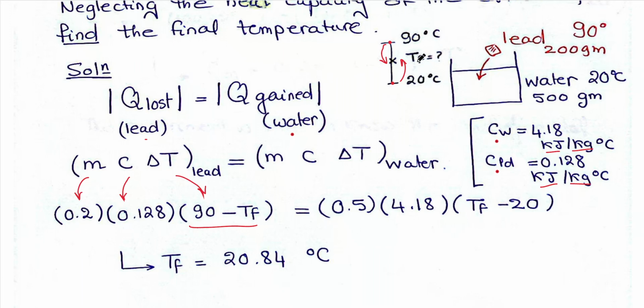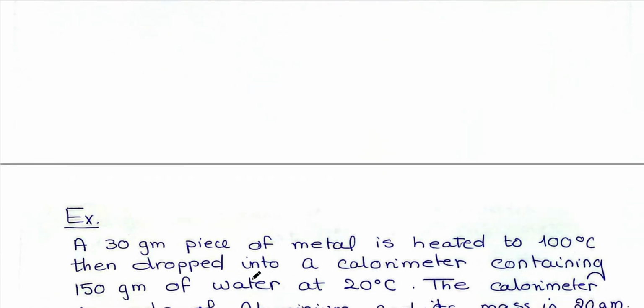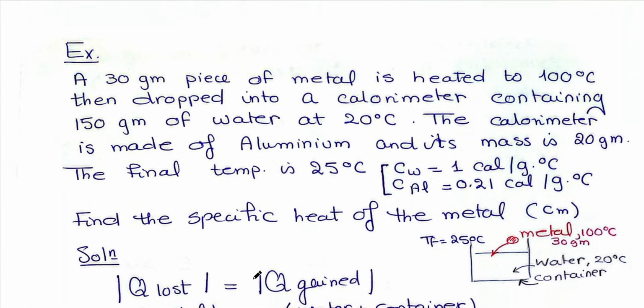So the big number is TF and the smaller is 20. So put T final minus 20 because we don't want sign for difference in temperature. After substituting in this equation, you will find T final equals 20.84.